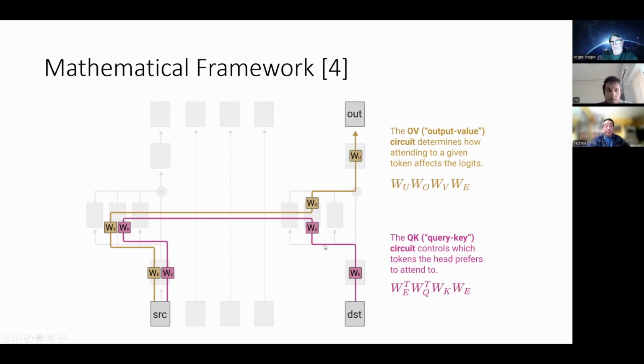And so what we're going to see in the biology paper is that we're going to look at the attention pattern. So it sums to 1. It's like a probability distribution, right? We're going to look at that probability distribution, but we're going to ignore the actual Q and K to simplify life.